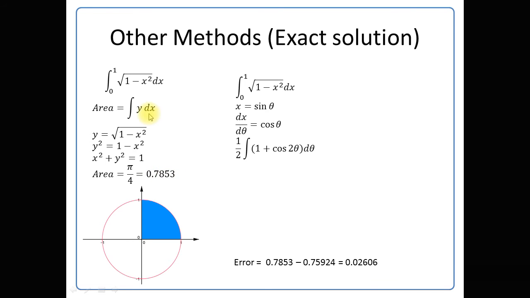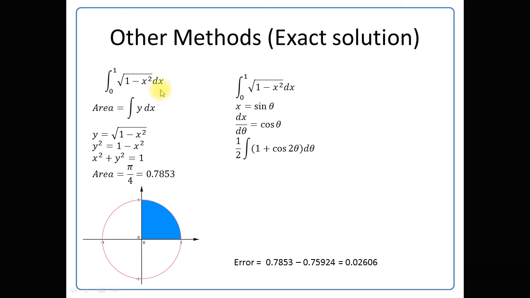0.7853. And we can also calculate the area of this function. Actually this function represents this figure you see over here, and this is one part of a circle. So the area here is pi by 4, and pi by 4 means 0.7853. Suppose this is equal to y, then y is equal to the square root of 1 minus x square, and y square is equal to 1 minus x square, and now x square plus y square is equal to 1.